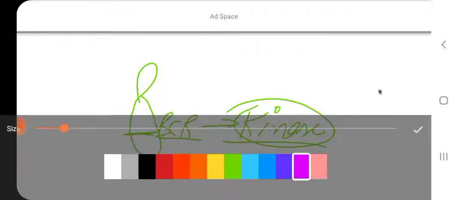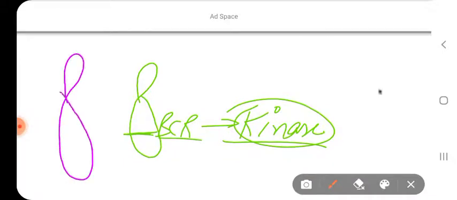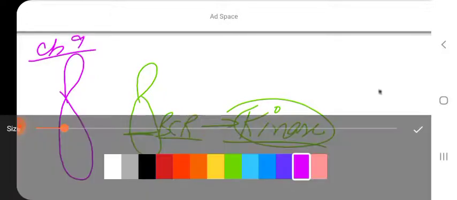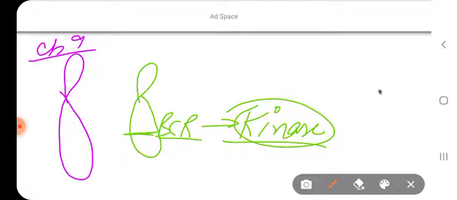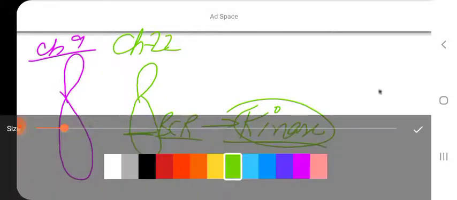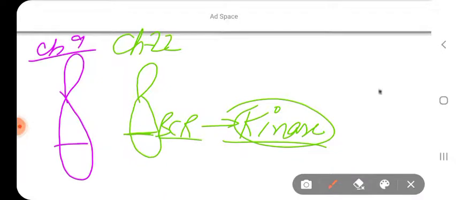So why am I talking about this BCR and ABL gene found on chromosome number 9 and 22? Because reciprocal translocation occurs between chromosome number 9 and 22 within these CABL and BCR regions.